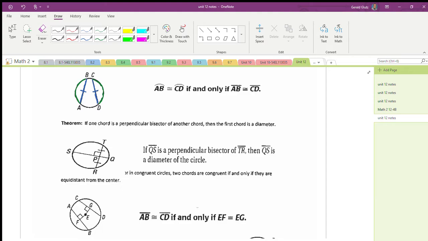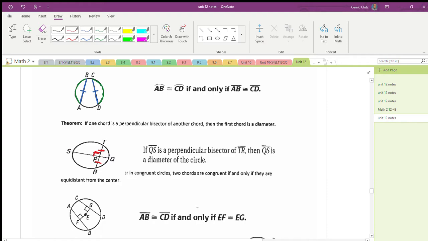Another theorem is about perpendicular bisectors. I know these two lines are perpendicular because they form a 90-degree angle. SQ is a perpendicular bisector because we know it's perpendicular, and the reason I know it's a bisector is that TP and PR are the same length because of this little symbol.